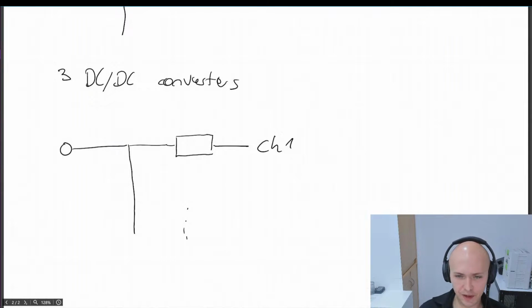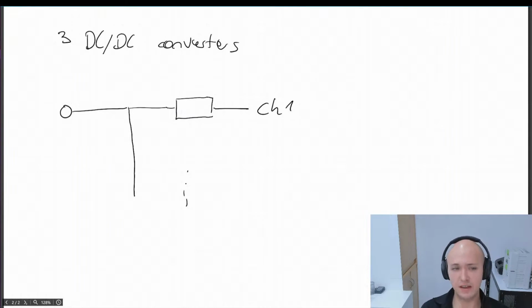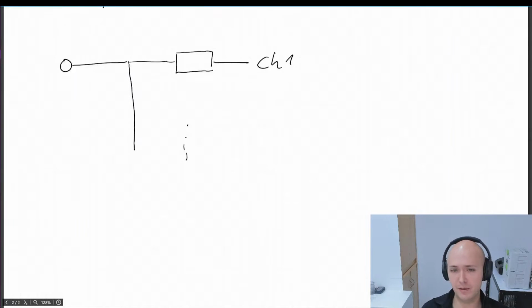And we're doing this with the other channels too. And of course, the question is now, okay, Robin, you told us that's not a good idea, using a single DC-DC converter for a channel, because we can't change the voltage. But we can. We can do this pretty well because if we use an adjustable DC-DC converter, we have some kind of feedback loop.